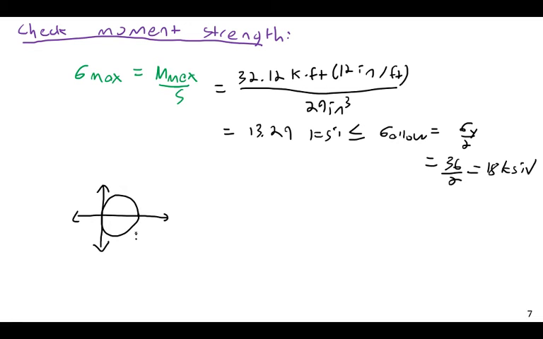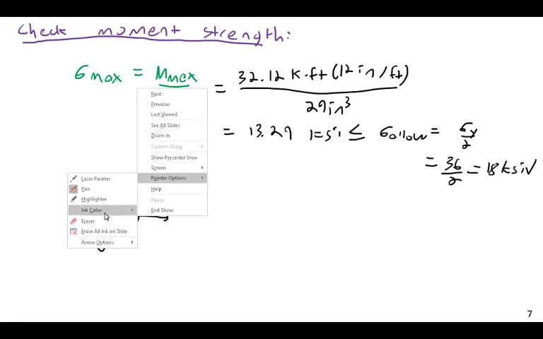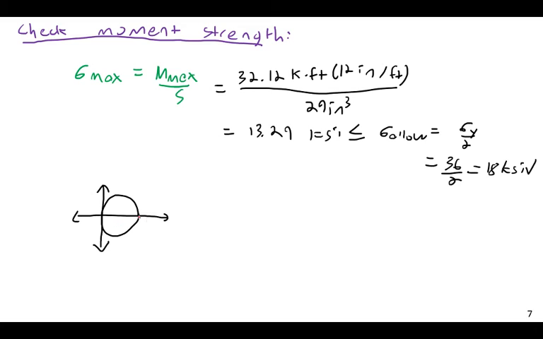Here is our Mohr circle. 13.29 KSI, 0, and this is at the location of max bending moment in the beam, and this radius is 13.29 over 2 equals 6.65 KSI.